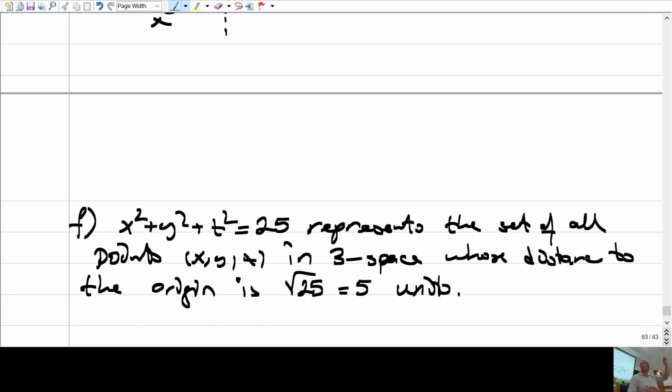Because remember, what is the distance from the point x, y, z to the origin? It is the square root of x squared plus y squared plus z squared, right?